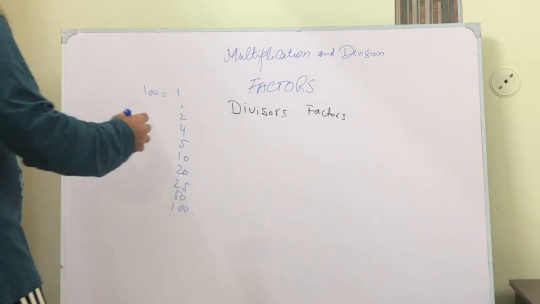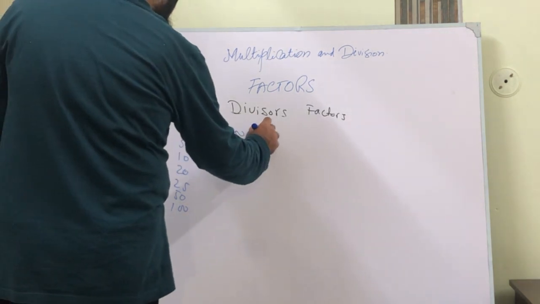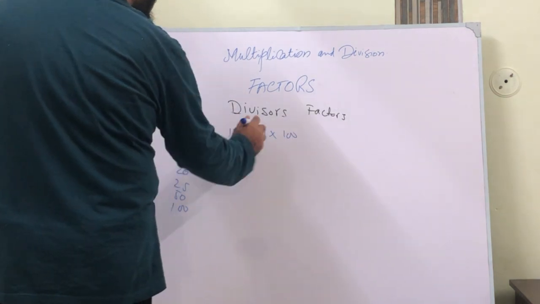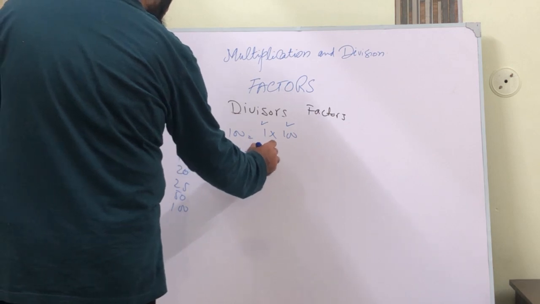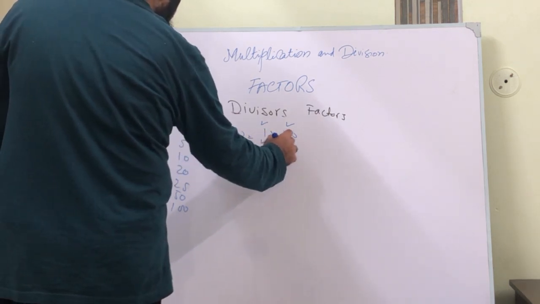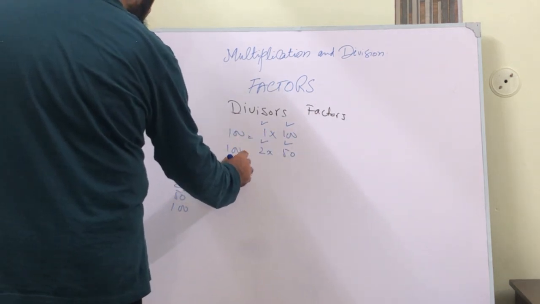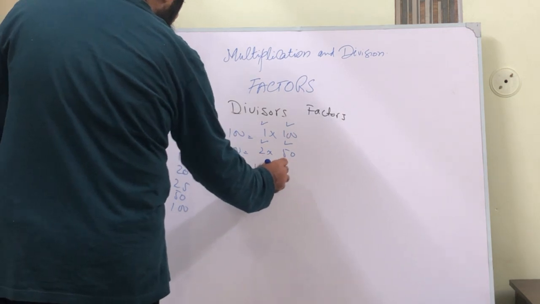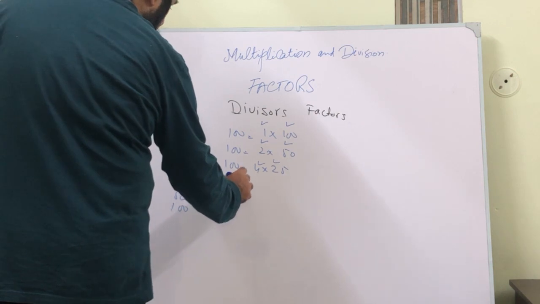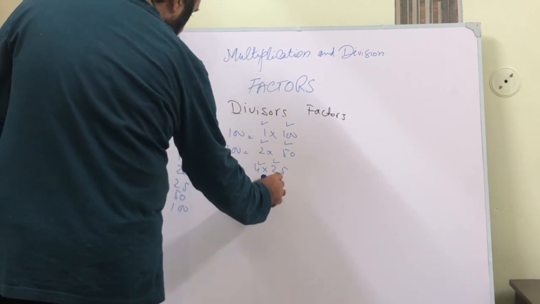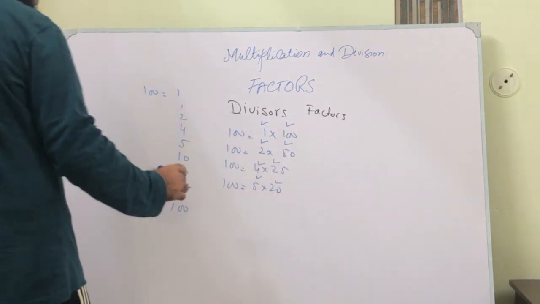Okay, you can do it like this. 1 into 100 is 100. This is a factor, this is a factor. Then 2 into 50 is 100. This is a factor, this is a factor. After that 4 into 25 is 100. This is a factor, this is a factor. After that 5 into 20 is 100. 5 is a factor, 20 is a factor.